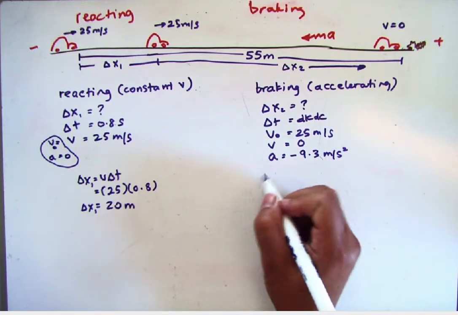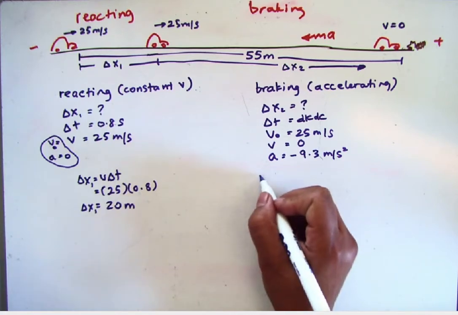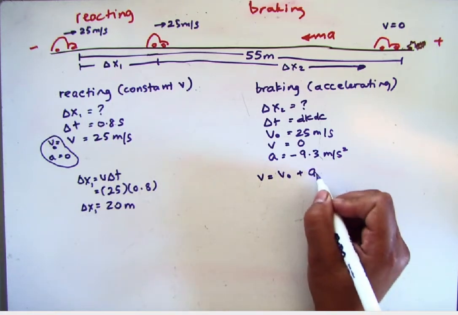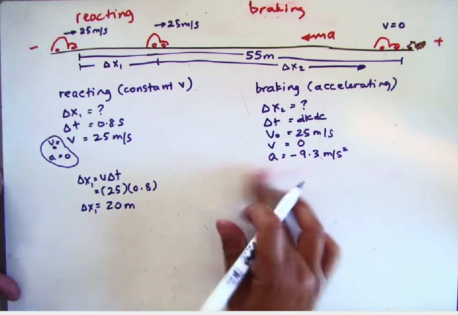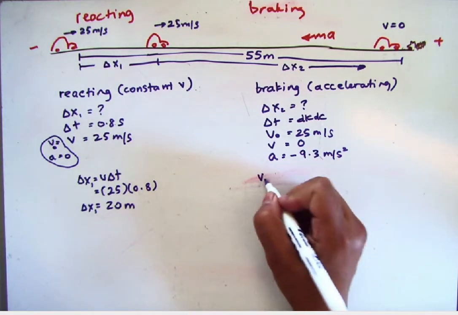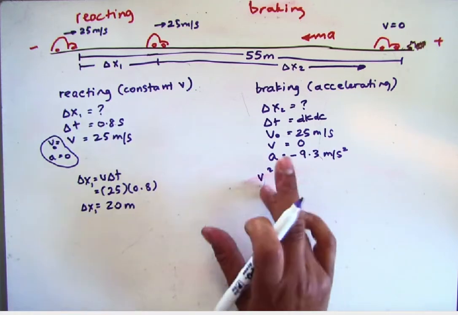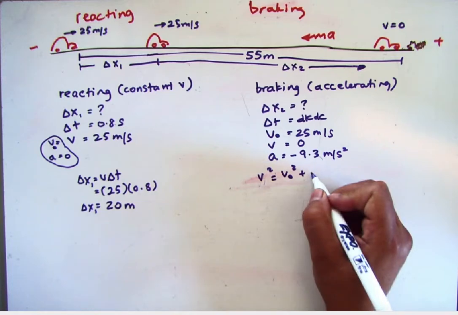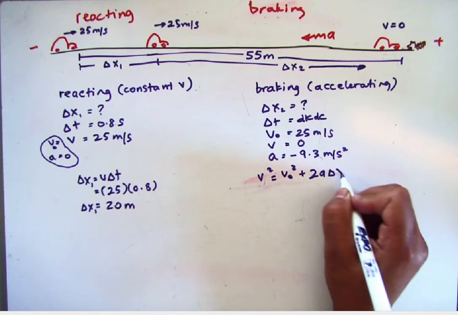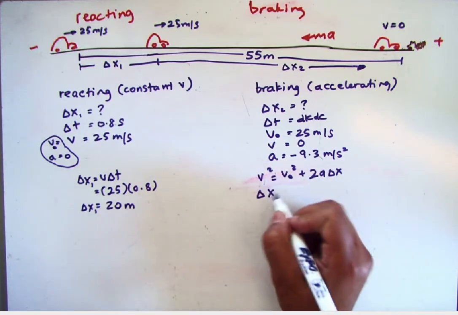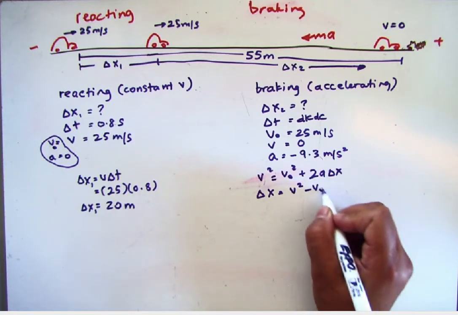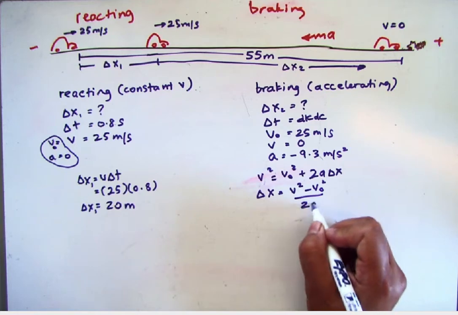So then, using the equation without delta t, it's v squared equals v naught squared plus 2a delta x. So we're going to rearrange this and solve. Delta x equals v squared minus v naught squared over 2a.